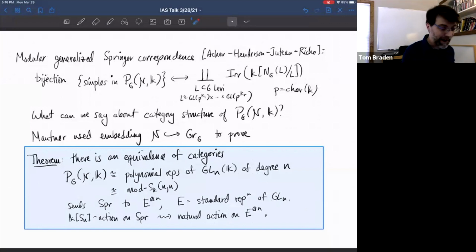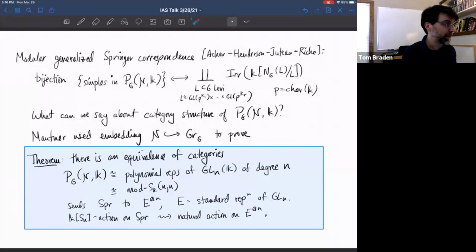Of course, that doesn't necessarily mean that you have complete understanding of this category, but it gives you a lot of information about the most interesting object. If you want to know particularly what happens in characteristic 2 or characteristic 3, there's still a lot of work to do, and people don't completely understand representations of S_n. But this nevertheless is a strong window into the structure of the category of perverse sheaves in positive characteristic.